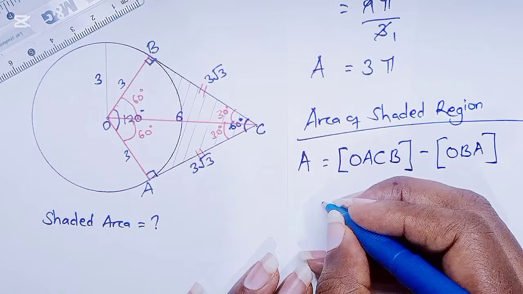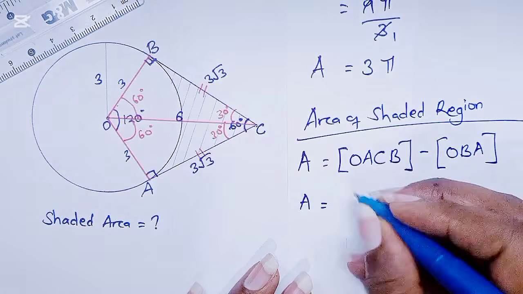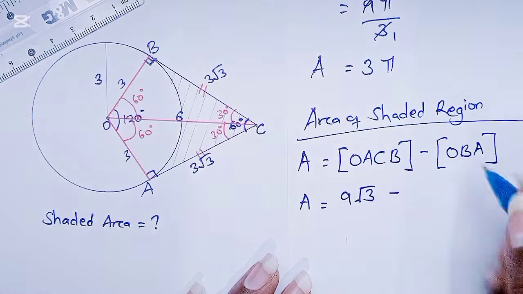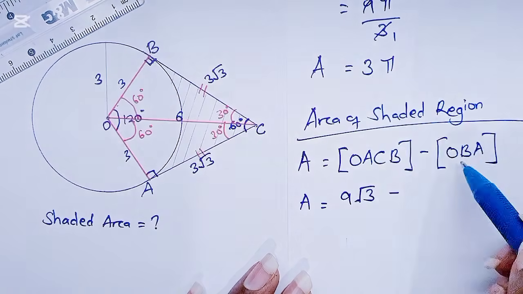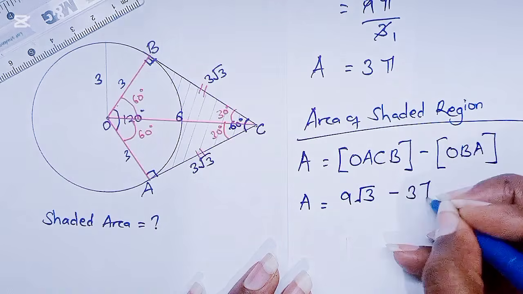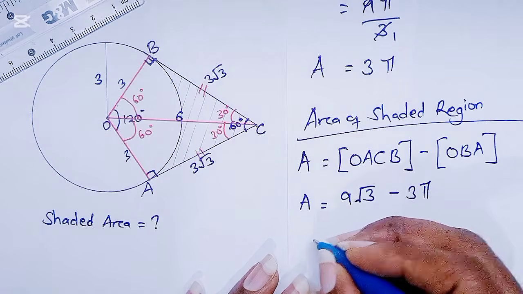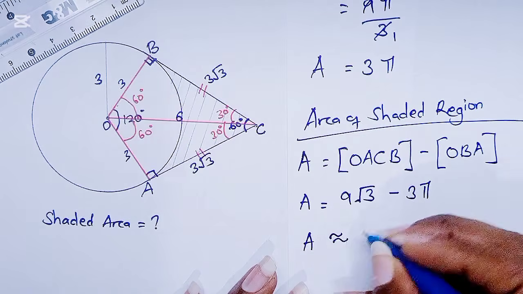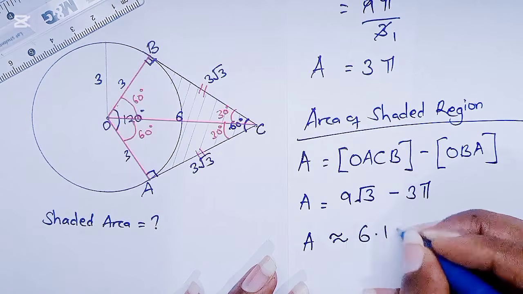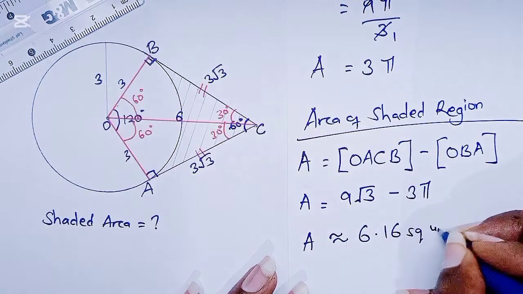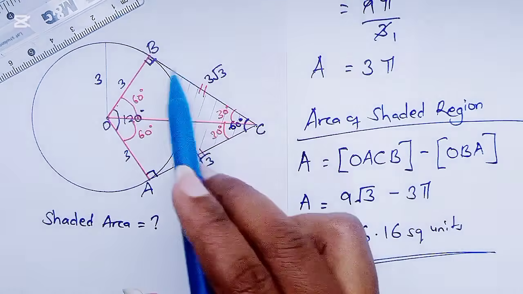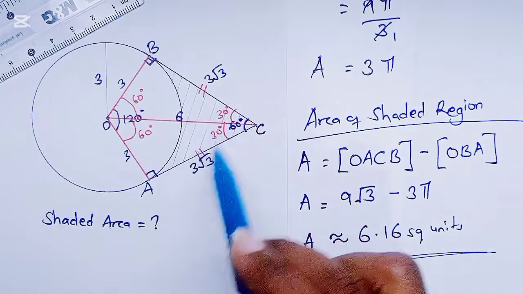Okay, so this area is, we found area of this to be 9 root 3, and we found area of sector OBA to be 3 pi. So area will be approximately 6.16 square units. So this is the area of the shaded region, this one here.